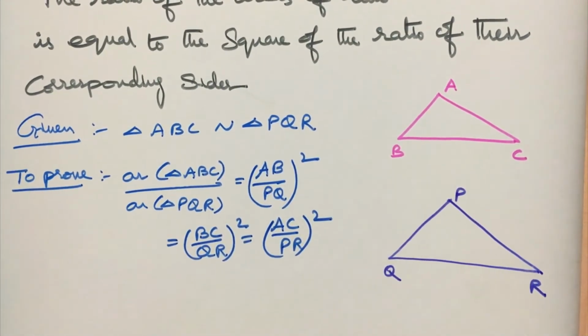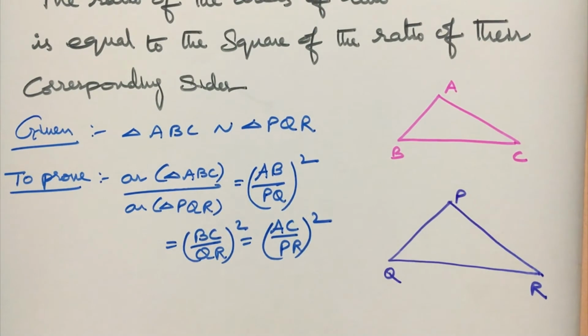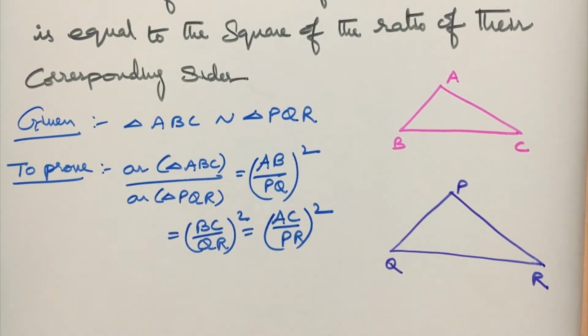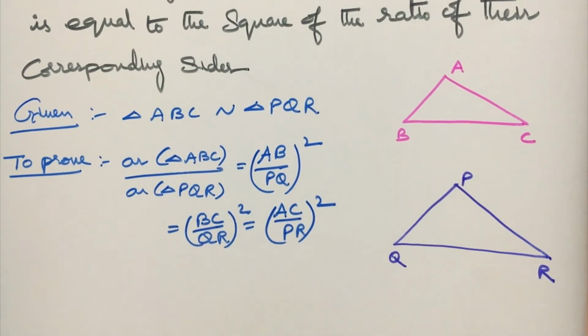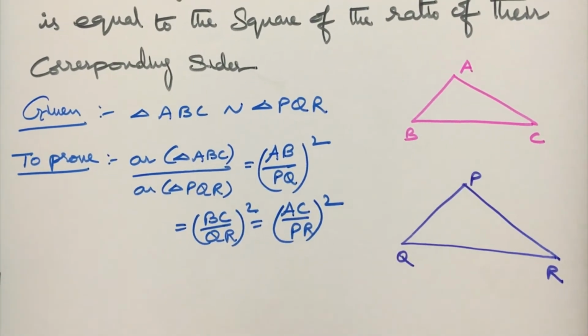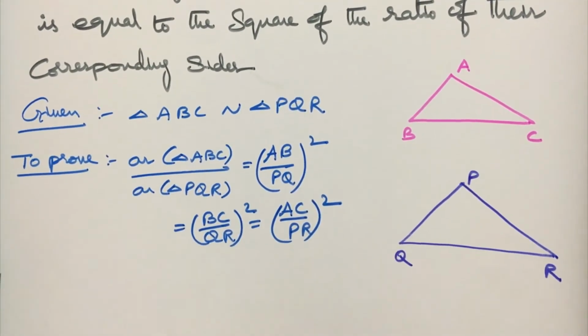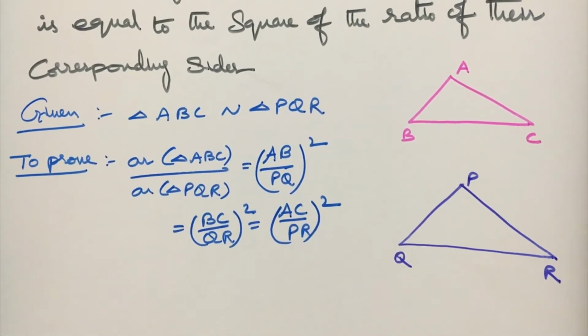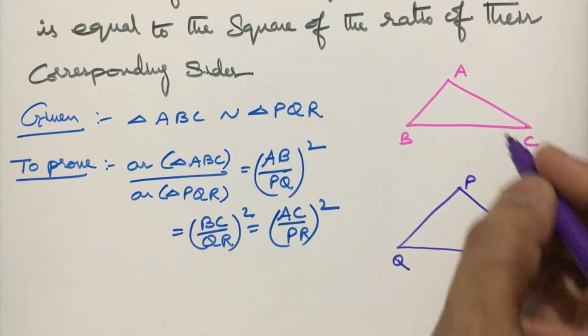For this we need to find the area of any triangle. We need the base and the height, because the area of any triangle is nothing but half into base into height. So, for that we need to construct the heights in the particular triangles.